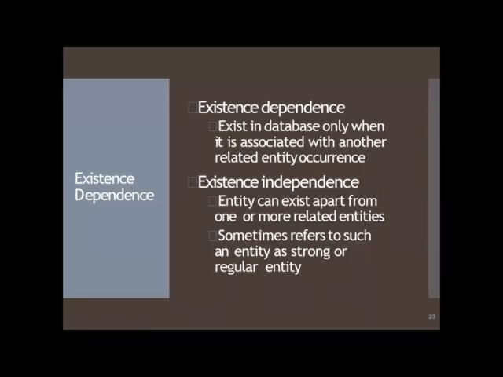Existence dependence. An entity exists in the database only when it is associated with another related entity occurrence. Existence independence: an entity can exist apart from one or more related entities. Sometimes we refer to such an entity as a strong or regular entity.